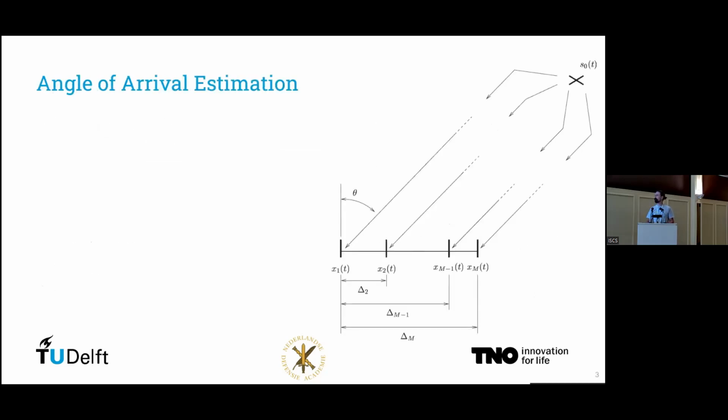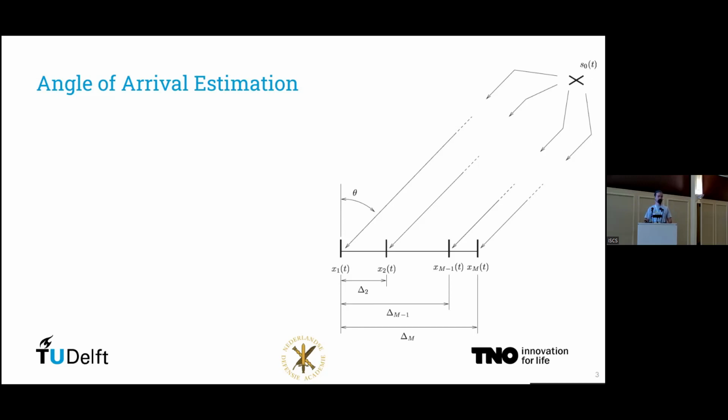So then just a brief introduction to angle of arrival estimation. These beams look a little weird. It's not necessarily how they would be traveling, but what I want to show here is that for far array reflectors or sources or targets, whatever you want to call them, the rays are essentially arriving at the array elements in parallel.